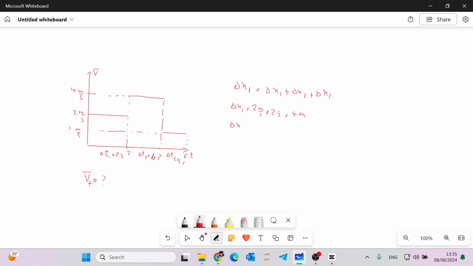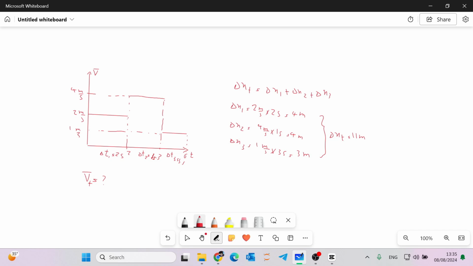Then delta x2 is 4 meter per second times 1 second, which equals again 4 meter. And the third part is 1 meter per second times 3 seconds, which is 3 meter. When I add all of them together, delta x total will be 11 meter. Okay, 4 plus 4 plus 3.